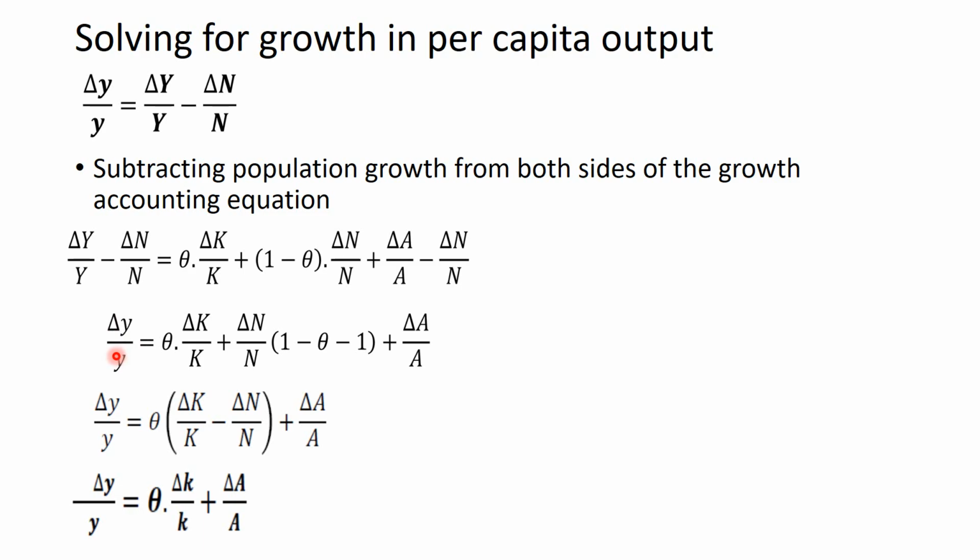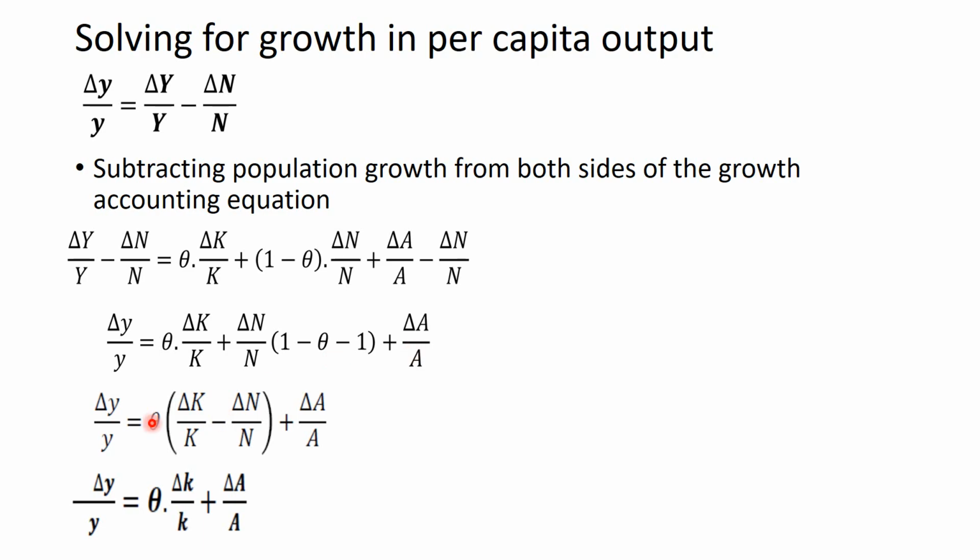Okay? What we can then see is, when we simplify the expression on the right-hand side, it works out to theta multiplied by the growth in capital stock plus the population growth rate into 1 minus theta minus 1, okay, plus the change in technology.